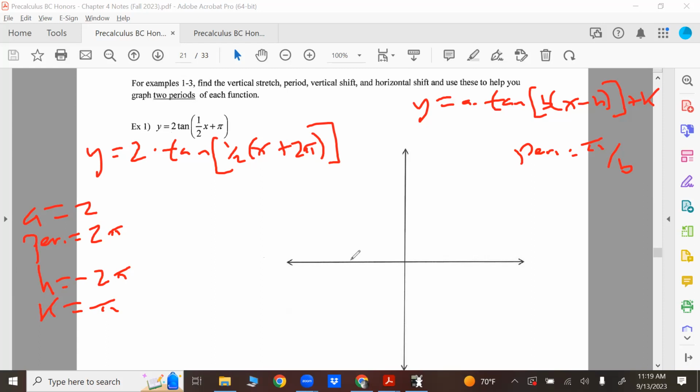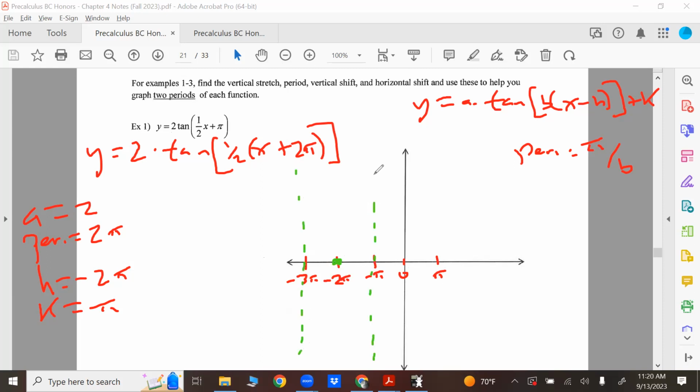So let's do this, guys. We have negative 2 pi; let me think this through here. Negative 2 pi is going to be in the middle. We're going to do 2 cycles, by the way. So the middle is negative 2 pi, and the asymptotes are here and here.